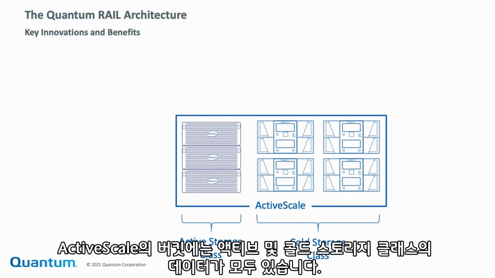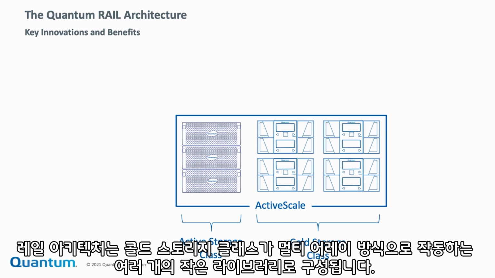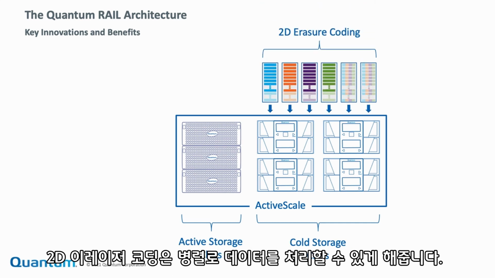Within an ActiveScale namespace, you have both the active and cold storage classes. And RAIL is the idea that the cold storage class is made up of multiple, smaller, independent libraries working as an array. And with Quantum's 2D erasure coding, the resulting multi-terabyte segments can be streamed in parallel to these independent libraries.